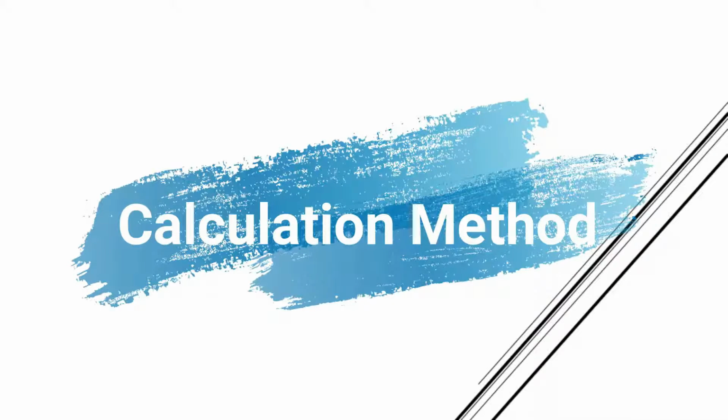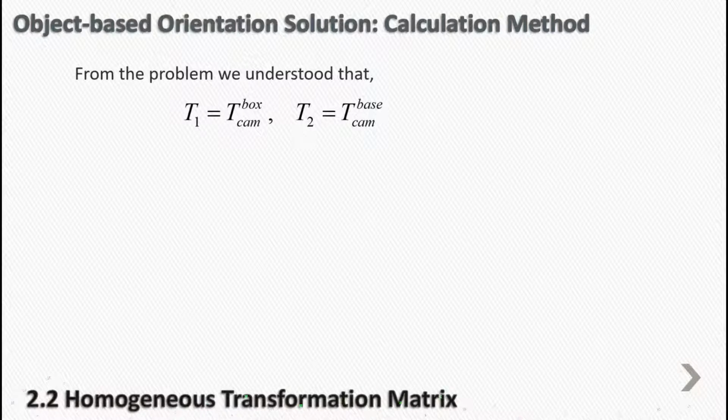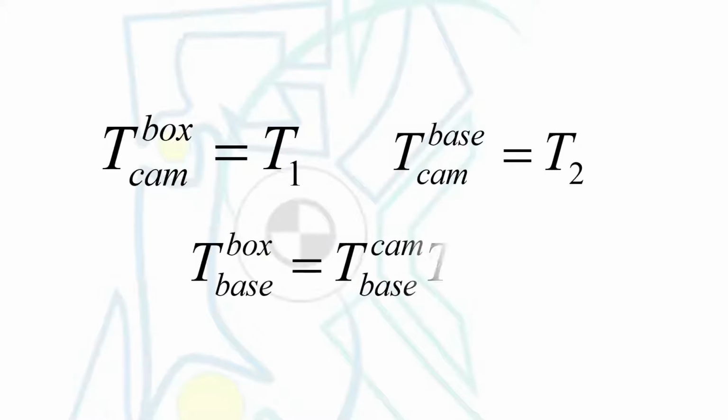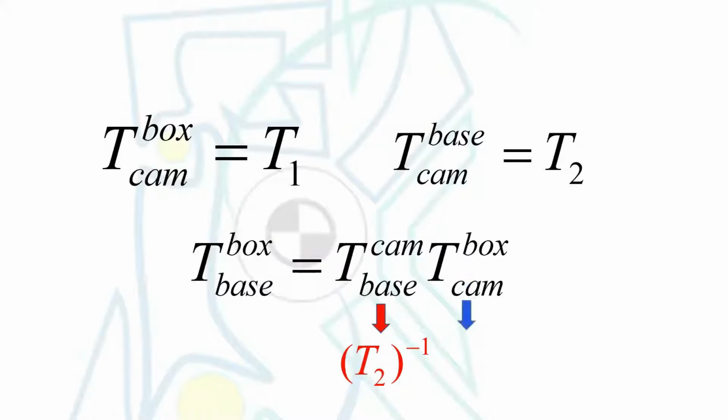By using the calculation method, we have an equation as I mentioned previously, where T1 is cam to box for our situation according to the problem given, and T2 is cam to base. We want to get the base to box matrix, which can be calculated by multiplying T2 inverse with T1. Why inverse? Because when we invert T2 we get base to cam.